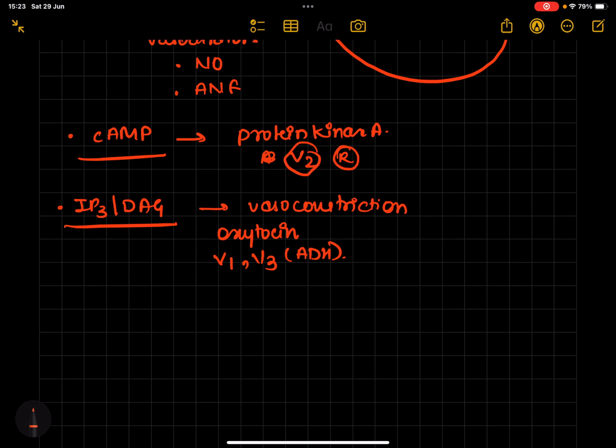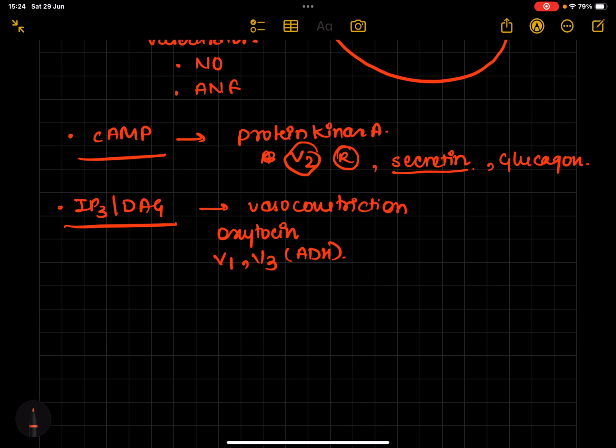So this is all that we have to remember. One thing is secretin and glucagon. So this is all about GPCR.